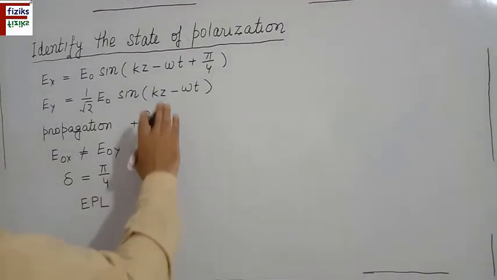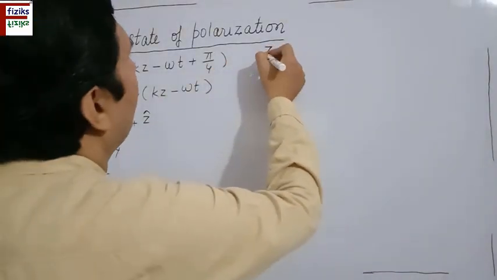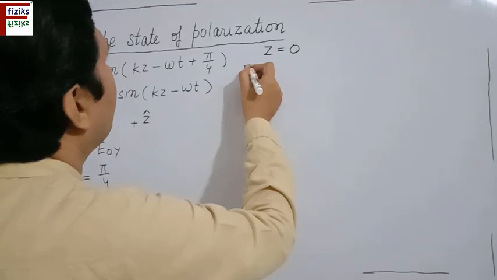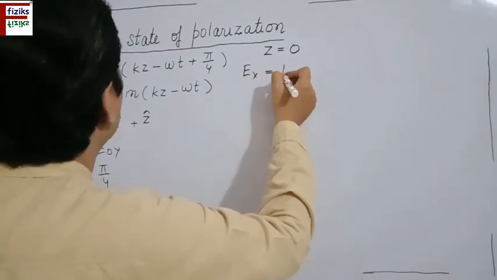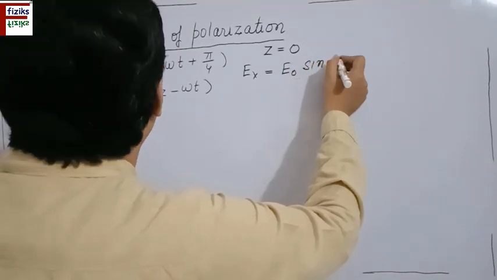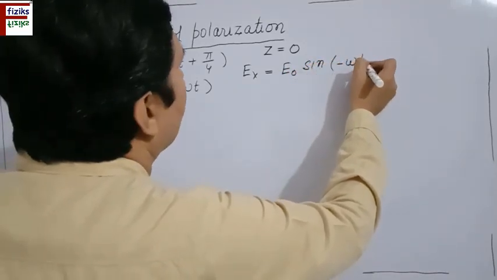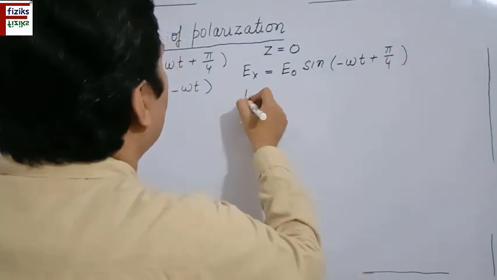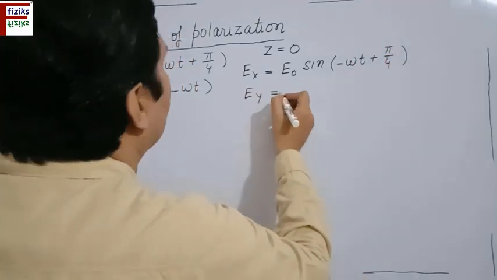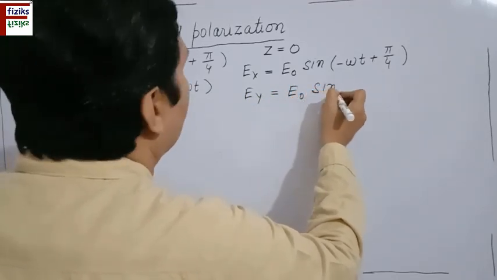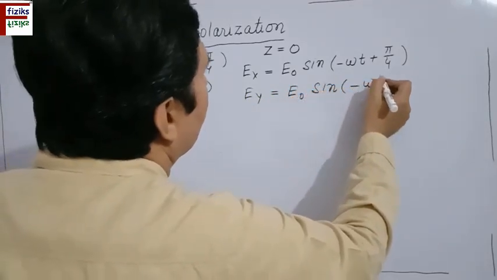For this, again I will substitute z equal to 0. So Ex equals E naught sine(minus omega t plus pi by 4), and the Ey component is E naught sine(minus omega t).